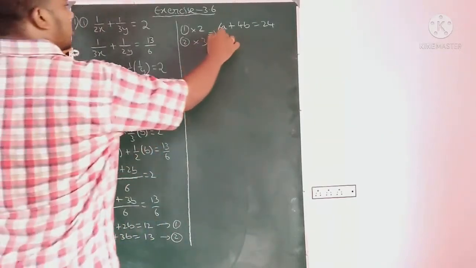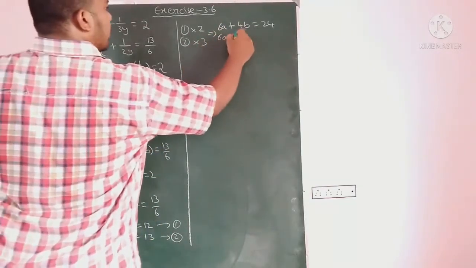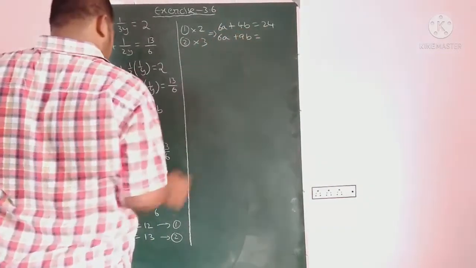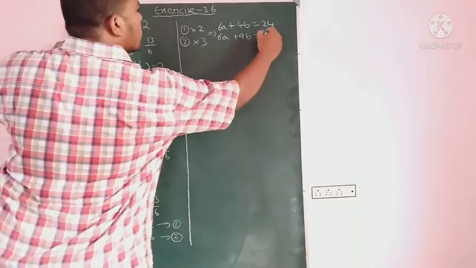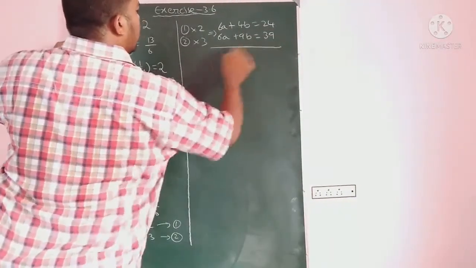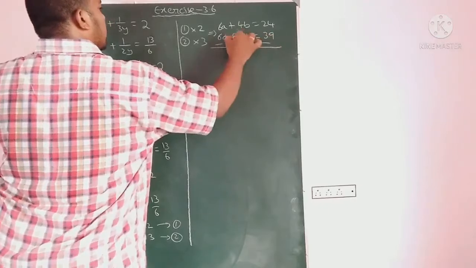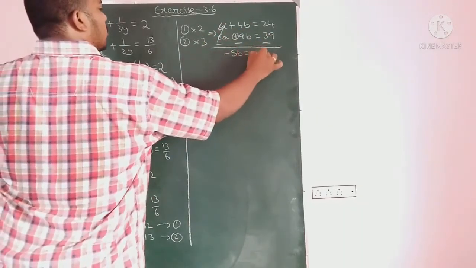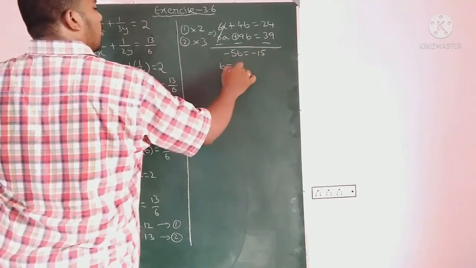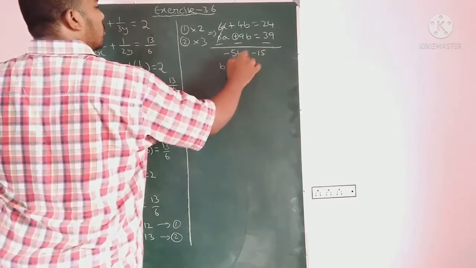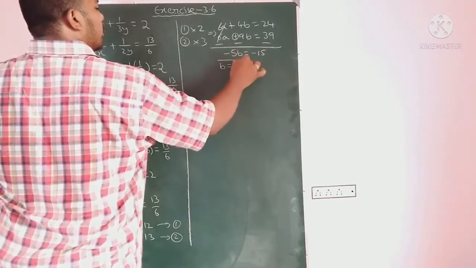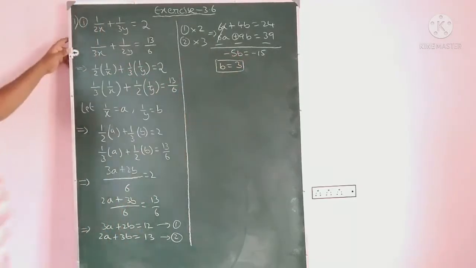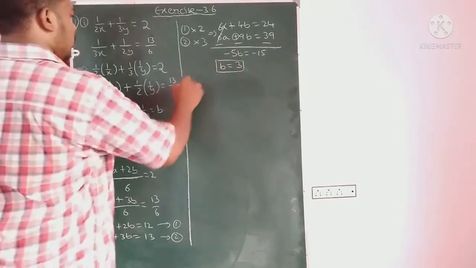Next one with 3: 6a plus 9b is equal to 39. If you go with the subtraction, the 6a symbol should be neglected. This is minus 5b is equal to minus 15. So b is equal to 3. So the b value is 3.